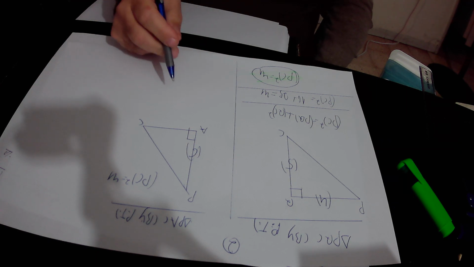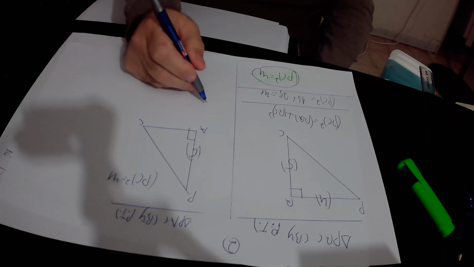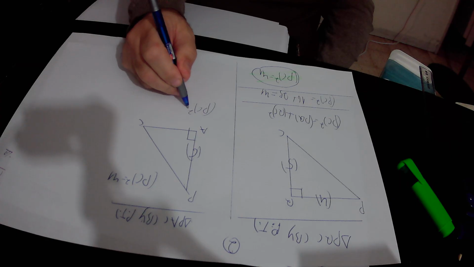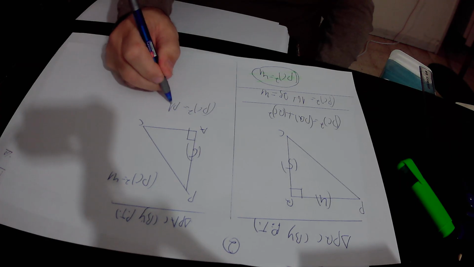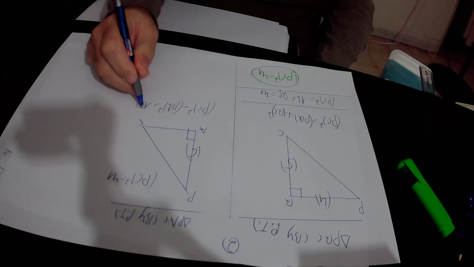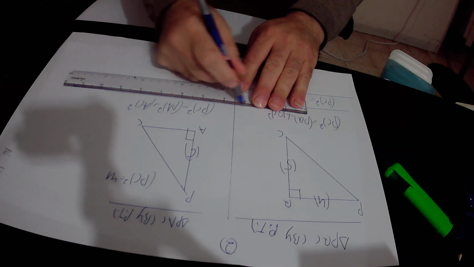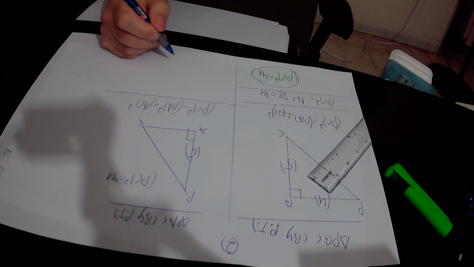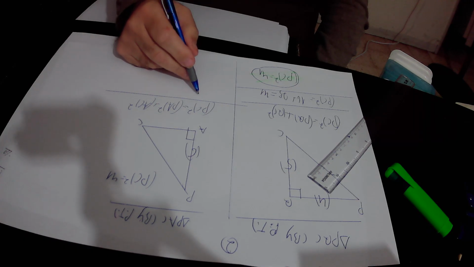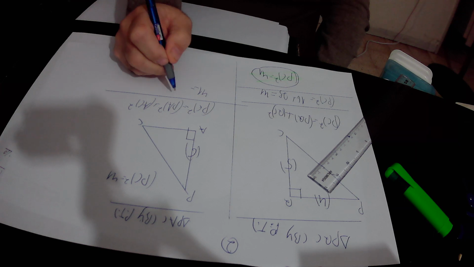So in this right triangle PAC, according to the Pythagoras theorem, PC squared equals PA squared plus AC squared. PC squared is 41, so 41 equals PA squared.